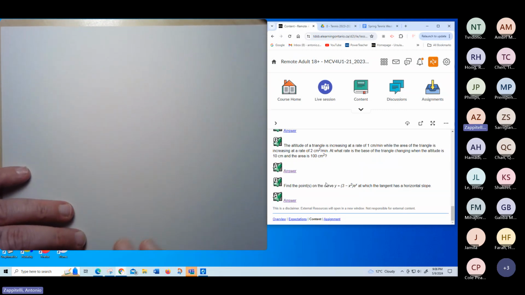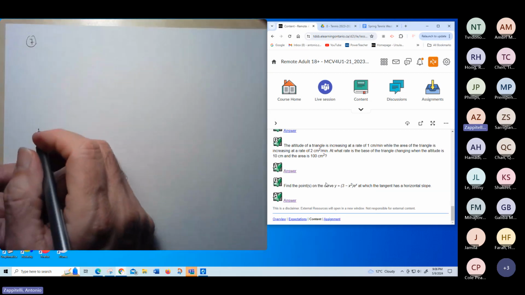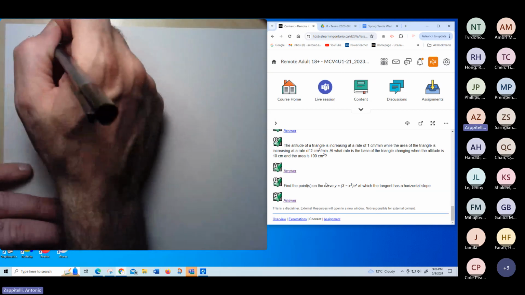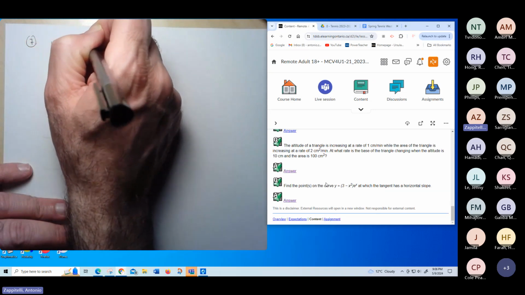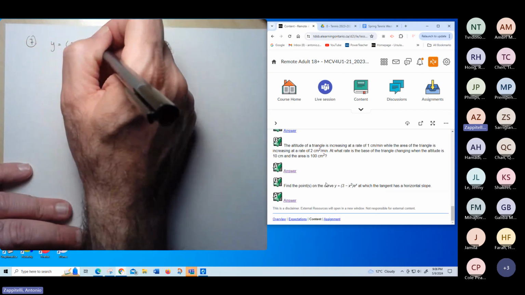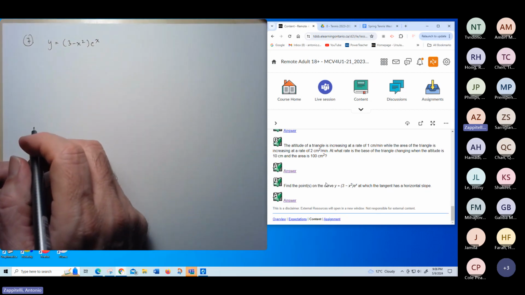Okay, so it looks like this is number 7. All right, so let's write down the function. It's y equals 3 minus x squared times e to the x. Okay, and we want to determine when the tangent is horizontal.